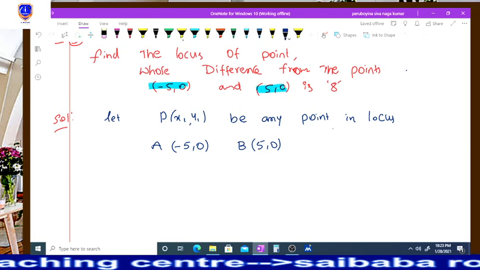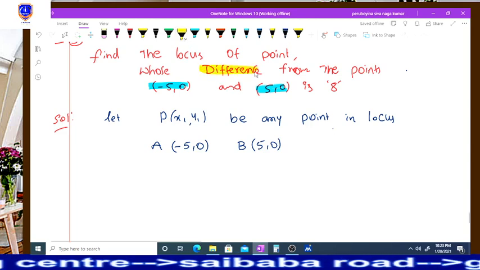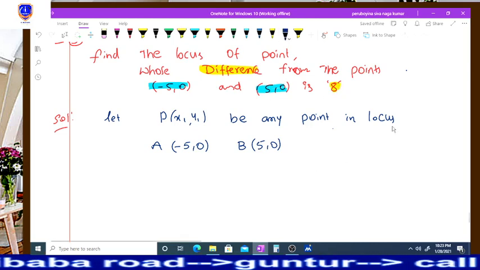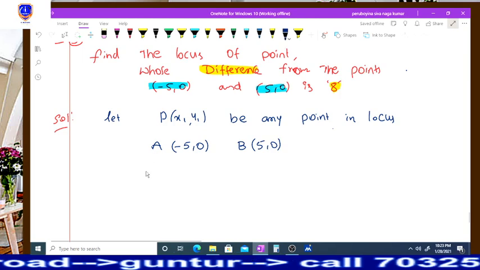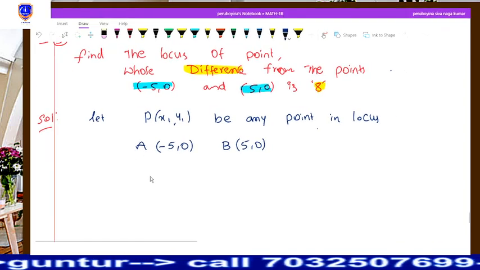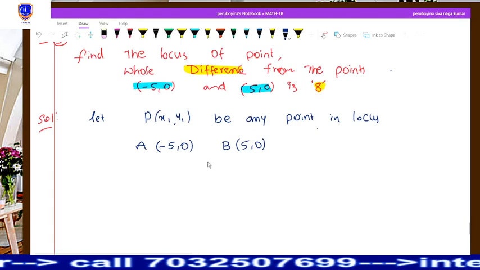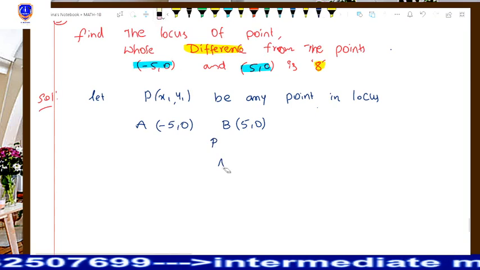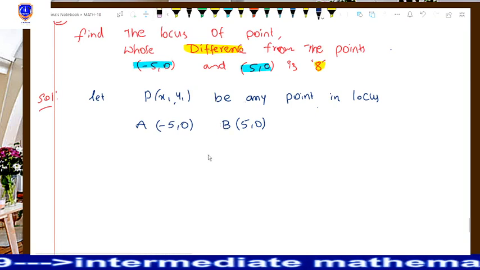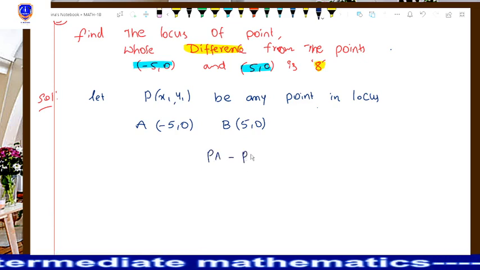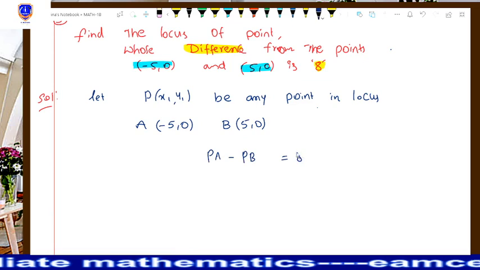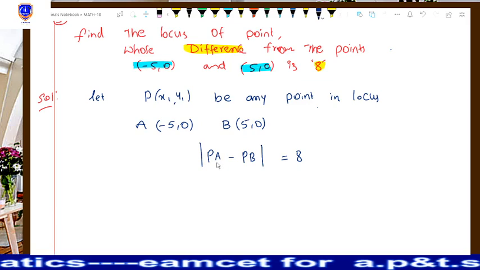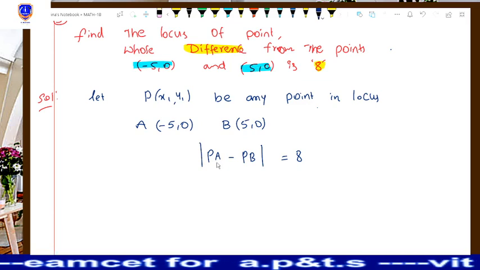He says the difference of these 2 points from the locus point is 8. That means we can write like this: PA minus PB equal to 8. The question says it's a difference, so take a modulus sign.